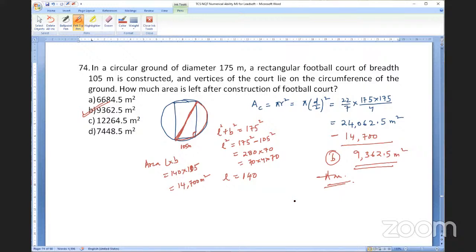That is not the length. Is this clear, everyone? Because I have seen 20 of you have given an answer and all of you have answered A. It is not A, it is B. 9362.5 meters square is the area left after construction of the football court.